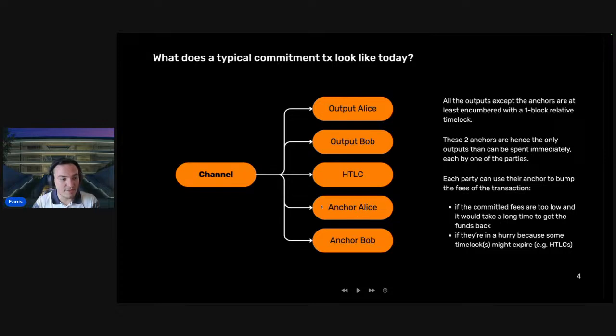This way you can incentivize miners to pick up both transactions and make the confirmation of your commitment transaction faster. So that's basically the idea of CPFP in the context of closing lightning channels.